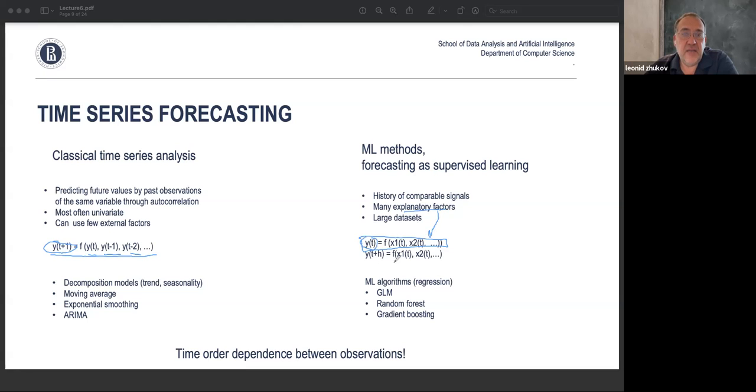Then in the next time step, you can go forward in time and use, here it's a misprint, the x values again, into the future. We're going to look into this in more detail. You can also use those y values themselves within the prediction. After you make this formulation, you can use classical regression algorithms, whether it is random forest or gradient boosting decision trees, or whatever you want.